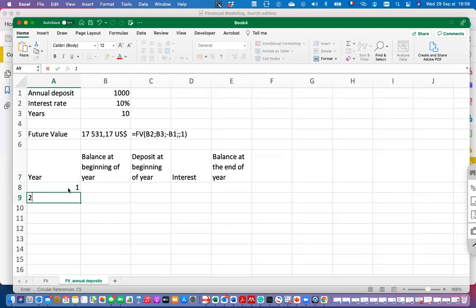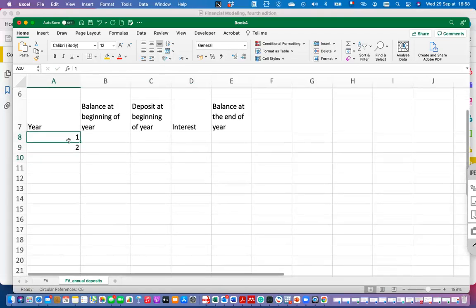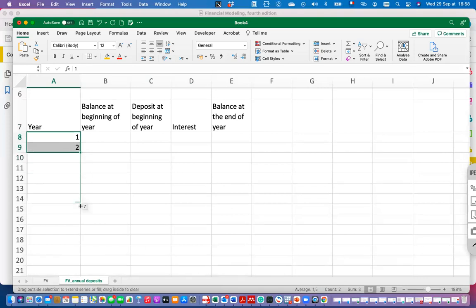So 1, 2, then we select 1 and 2, and then we scroll it down until reaching 10. خلصوا.